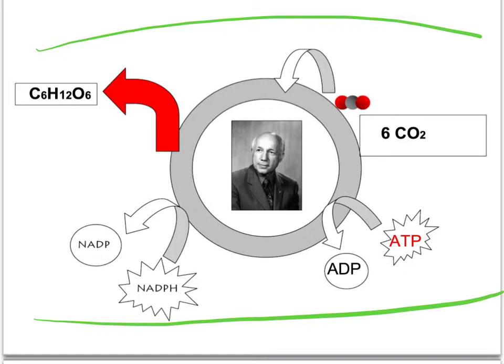Inside the chloroplast, we have this fluid, and the fluid is called the stroma. It's sort of like the cytoplasm inside of the chloroplast. And the stroma, this liquid, this is where the light-independent reactions or the Calvin cycle is going to be taking place.